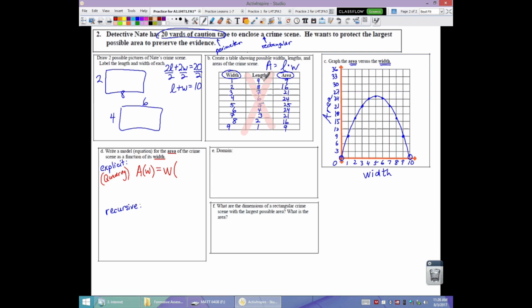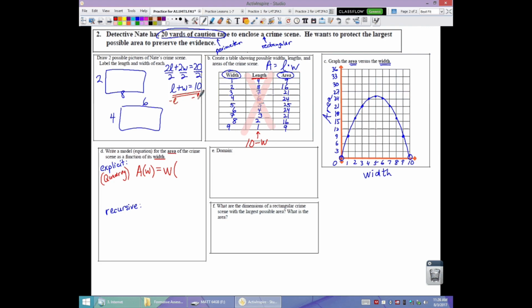For length, come back to this length column and ask yourself, where did you get each of these numbers? Once you decided the width, how did you know what the length was that went along with it? Well, the length was always 10 minus the width. You knew that the one length and one width had to equal 10.